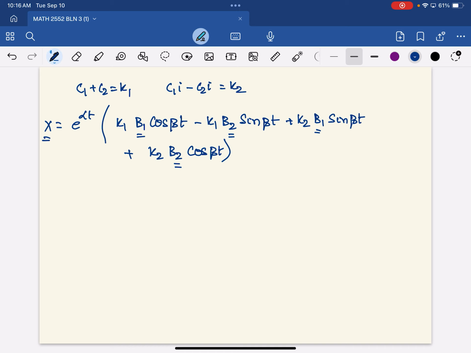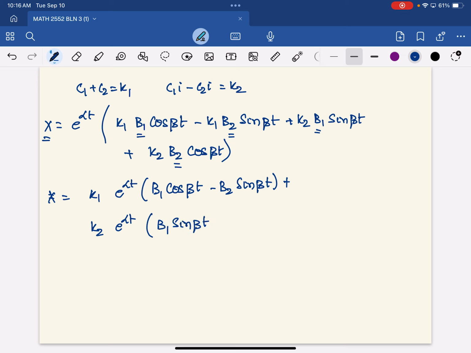So now I can see that you can write x equals K1 times e to the alpha t times (B1 cosine beta t minus B2 sine beta t), plus K2 times e to the alpha t times (B1 sine beta t plus B2 cosine beta t).